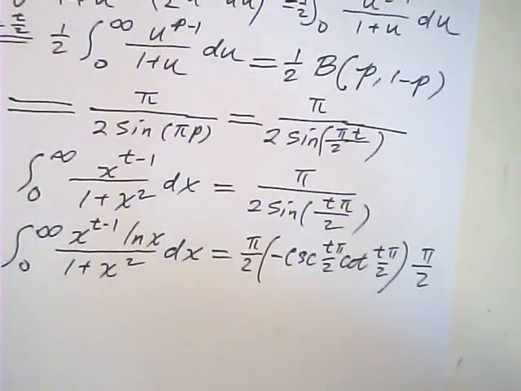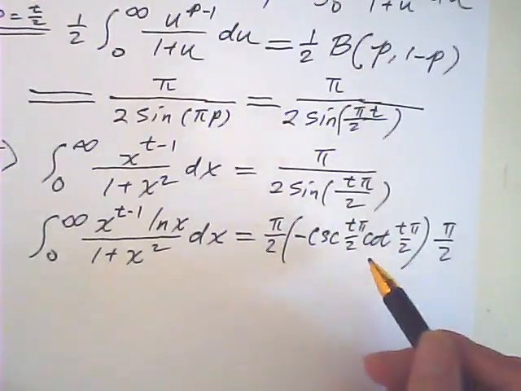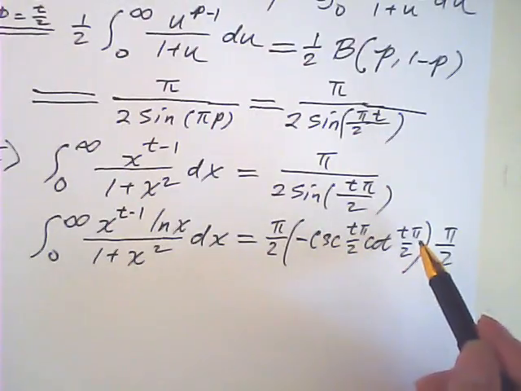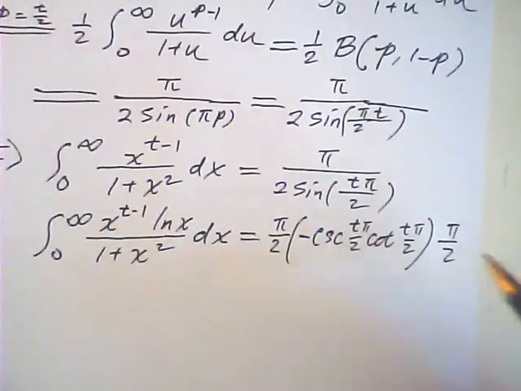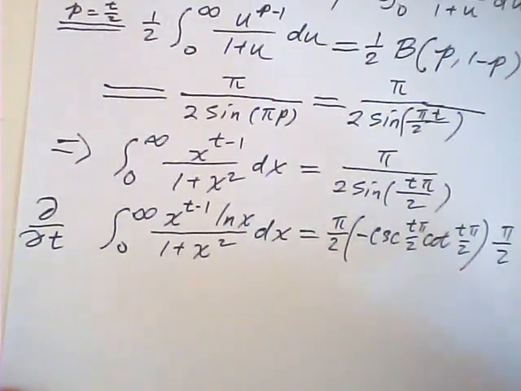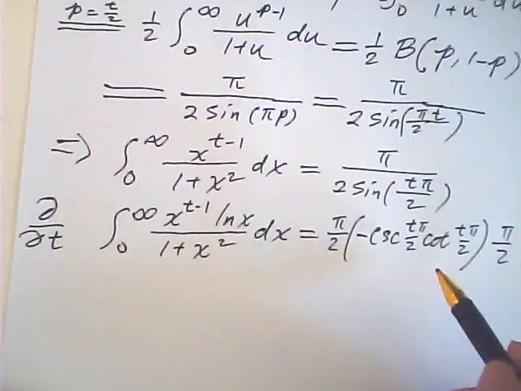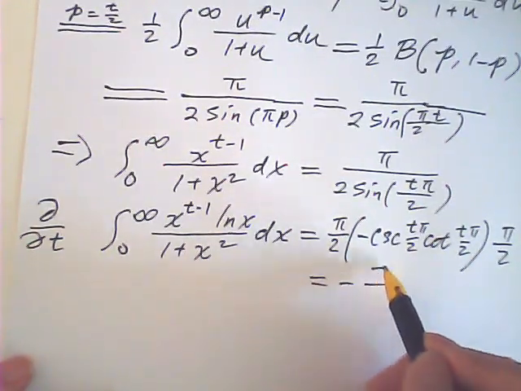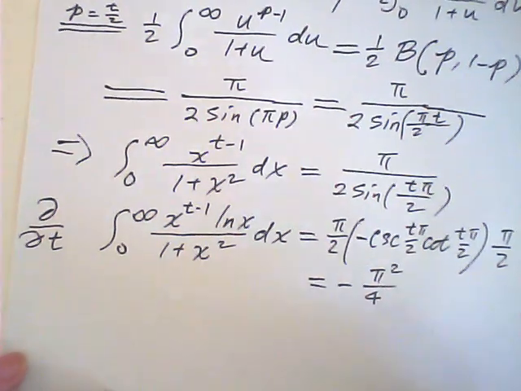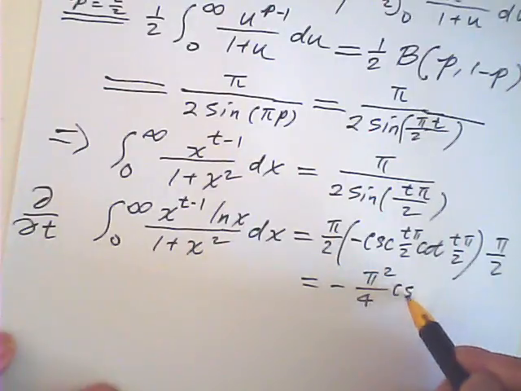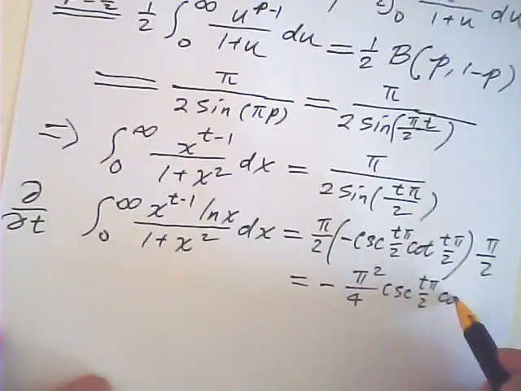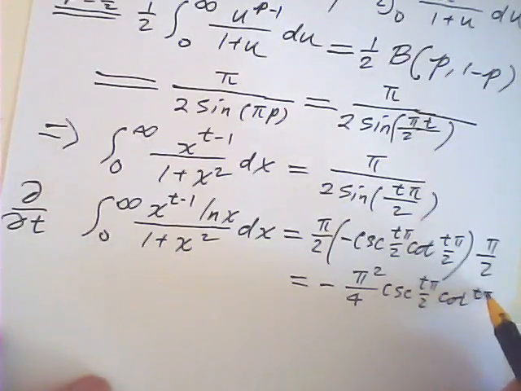Half pi is constant when differentiating with respect to t. So this is equal to negative pi squared over 4 times cosecant of t pi over 2 times cotangent of t pi over 2.